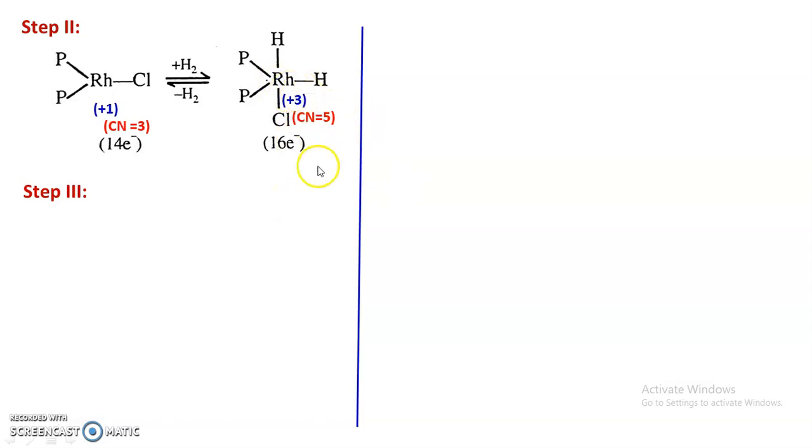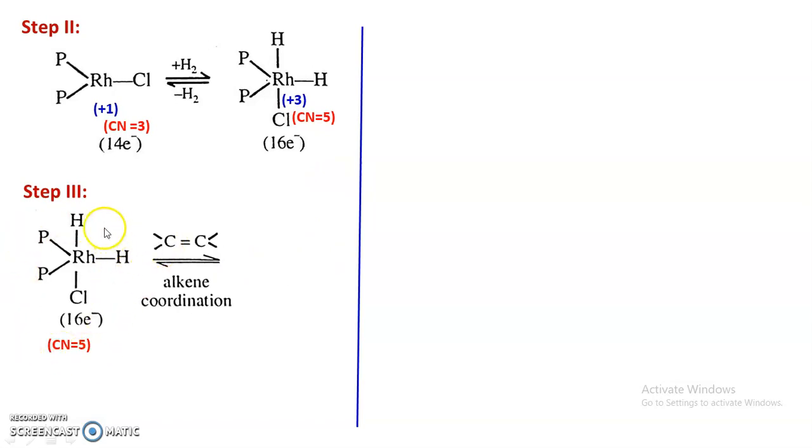So there is one vacant site available at rhodium, and therefore the dihaptic alkene ligand can be coordinated with this rhodium to get a 6 coordinate complex. So this is the 5 coordinate 16 electron complex. When it comes in contact with alkene, the coordination number of rhodium increases to 6, and we get a 6 coordinate complex with the alkene coordinated to rhodium.